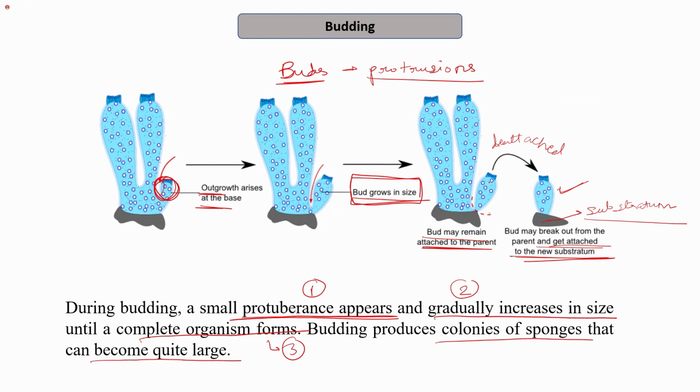Basically, this budding will lead to the formation of colonies, because if this bud remains attached, then other budding may also happen, right?